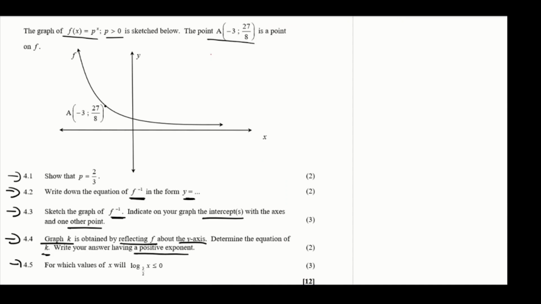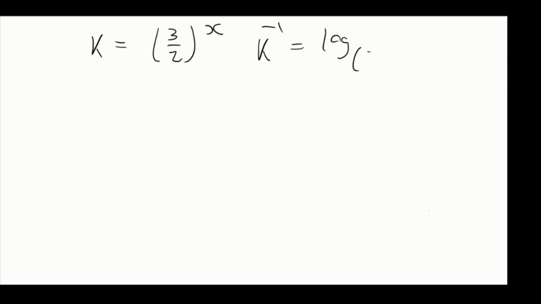4.5 says, for which values of x will the log of base 3 over 2 of x be less than or equal to 0? What we need to note is since k is equal to 3 over 2 to the power of x, its inverse is log of base 3 over 2 of x.